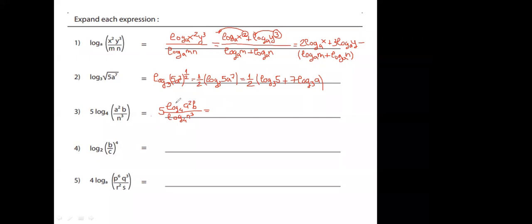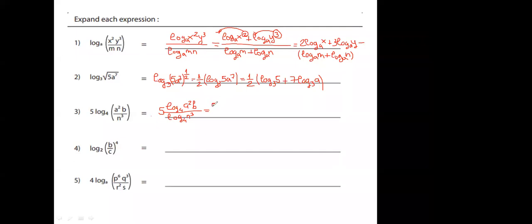So first I want to separate this logarithm 4 of a squared times b. This is like we were adding, if you remember, as I explained before. So that means that this 2 from the first one will go up front of a squared. So the square will go up front. And when I multiply it by 5, so 2 times 5, I will get 10 out of it.